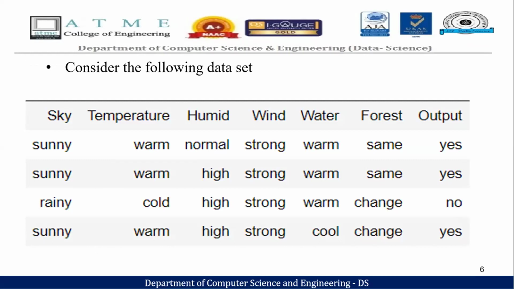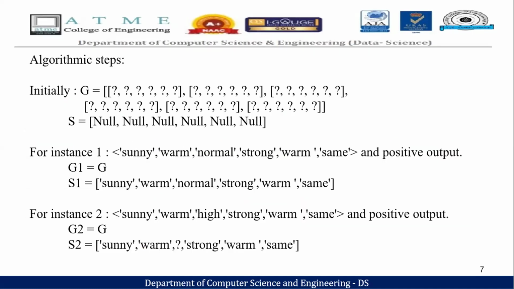When it comes to humid, in the first example it is normal, and in the second example it is high. So that one is replaced with a question mark. You have to make that more general. And next is strong and strong, warm, same and same. There is no change in the attribute value. You should keep it as it is.